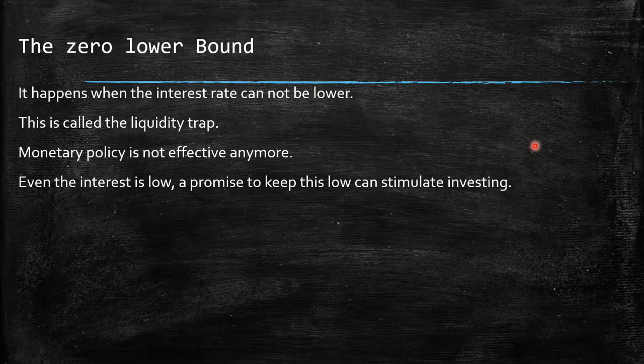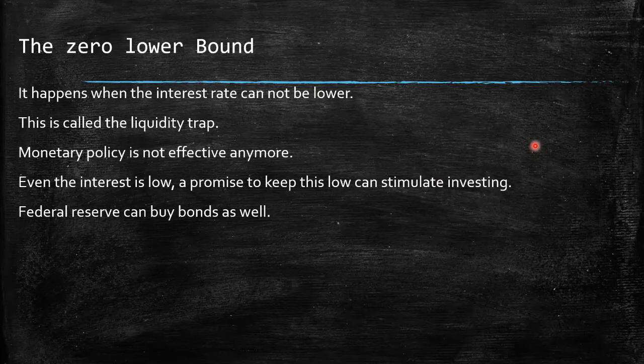Actually, the only way may be that the rate is low but there is a promise that it is going to stay low, so you can take on debt and face these same low rates during the period of your investment. So the Federal Reserve can buy bonds as well.